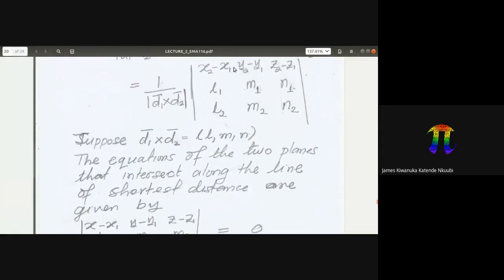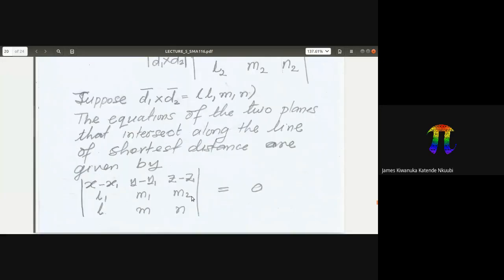When you work this out, suppose you find that the cross product of D1 and D2 is just LMN. Then the equations of the two planes that intersect along the line of the shortest distance will be given by x minus x1, y minus y1, and so on. Why is this the case?